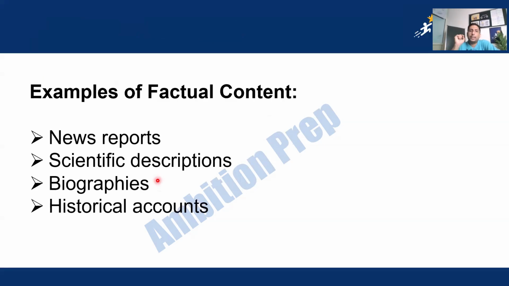Examples of factual content. सो वो जो कंटेंट होते हैं फैक्चुअल, वो किस दुनिया से लिए जाते हैं. तो आपको जो पैसेज मिल सकते हैं वो हो सकता है न्यूज रिपोर्ट्स, साइंटिफिक डिस्क्रिप्शंस, बायोग्राफीज एंड हिस्टोरिकल इवेंट्स और सीरीज ऑफ एक्शंस और हिस्टोरिकल अकाउंट्स. ये सारे के सारे फैक्चुअल पैसेज को जस्टिफाई करता है.